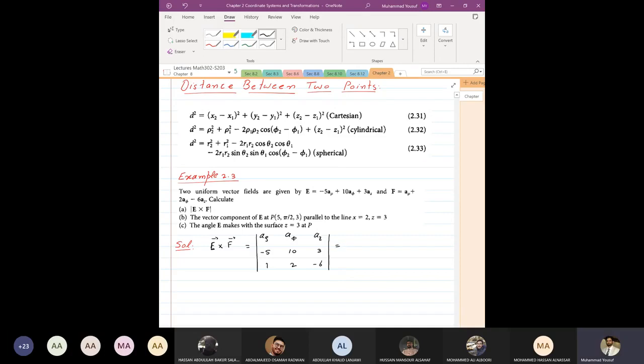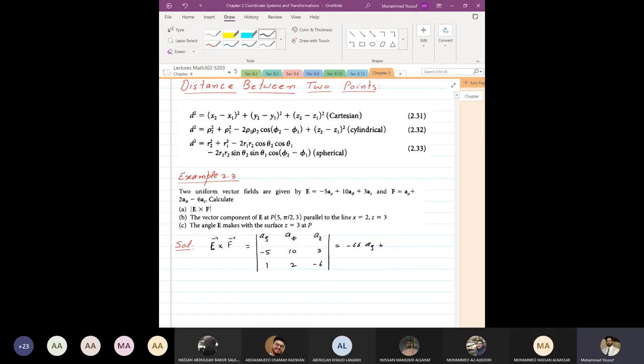So this is equal to -66 a rho, minus -10, so -10 -10, so plus 20 a phi, oh, that was with a phi, a z, my mistake.